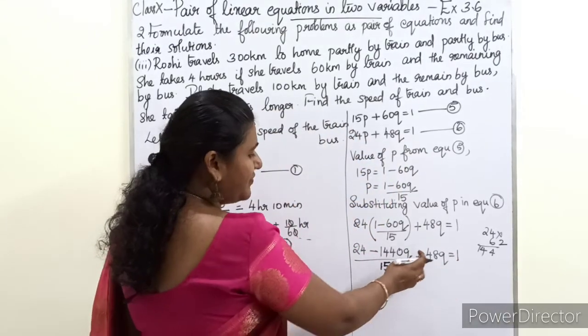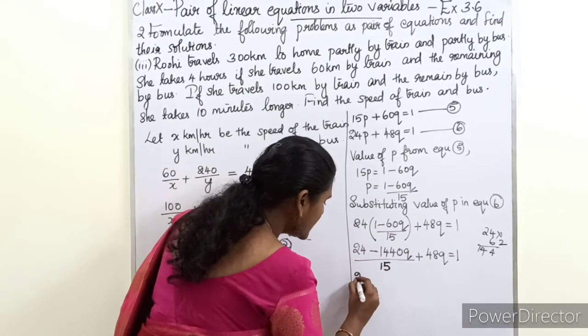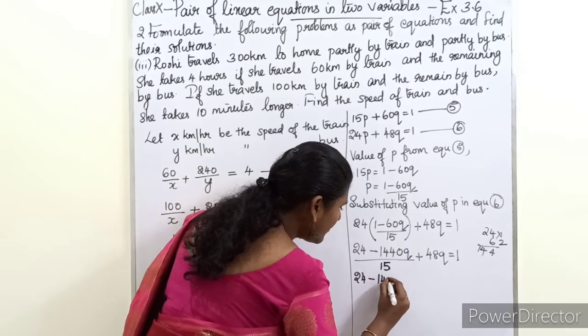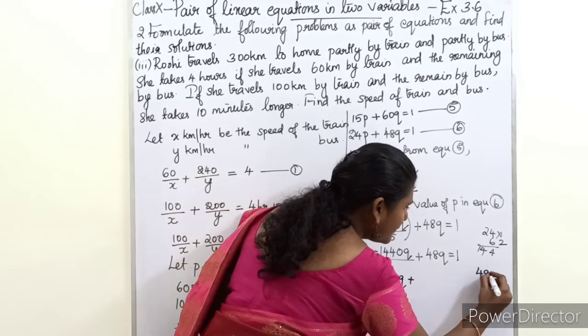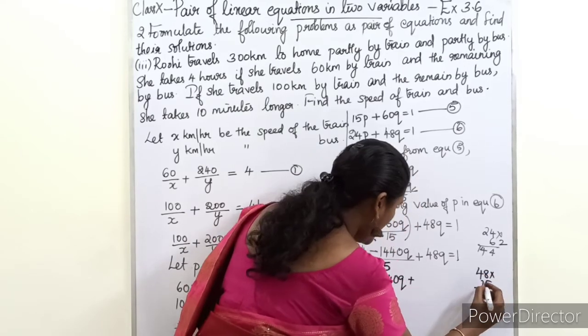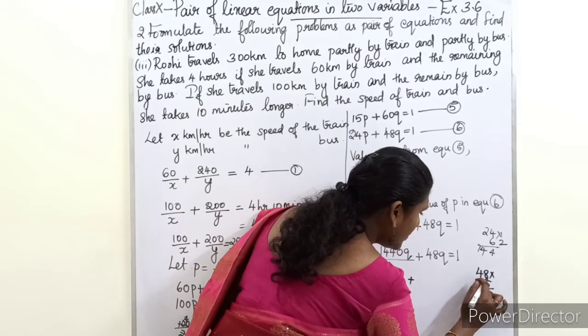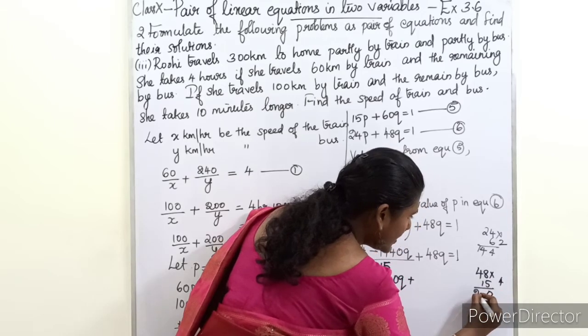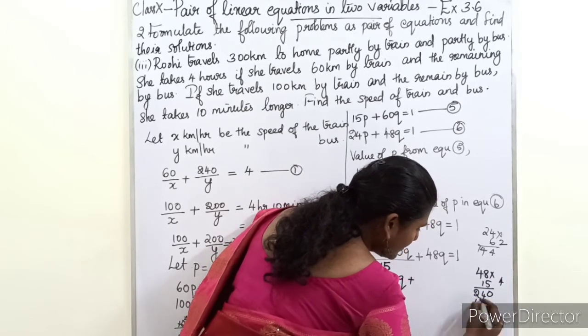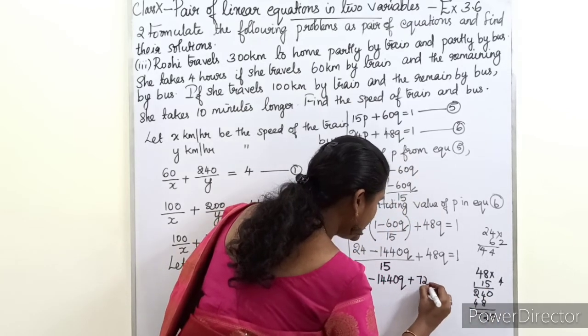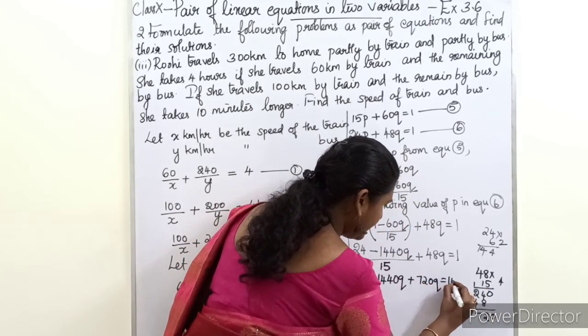Now we will take 15 as LCM here. So 24 minus 1440q plus 48 into 15. We will multiply now, 48 into 15 is 720. So 720q is equal to 15.